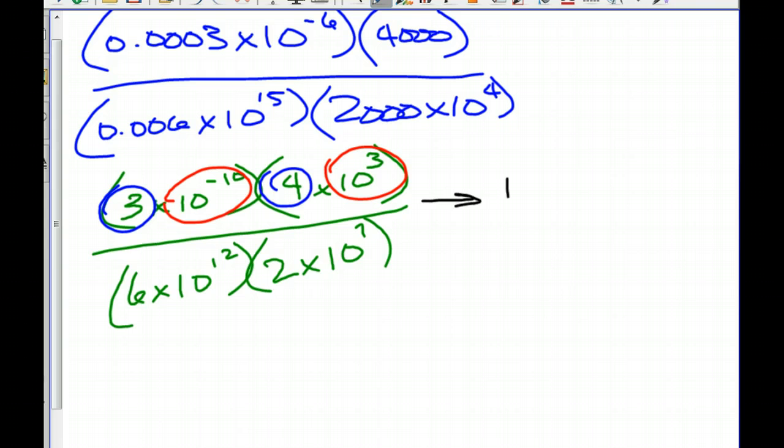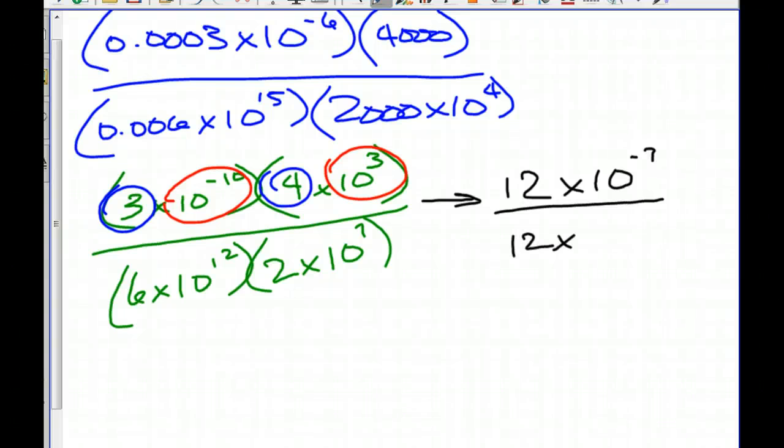So 3 times 4 is 12, times 10 to the -10 plus 3, because when you multiply numbers with exponents, you add the exponents, -7, over 6 times 2 is 12, times 10 to the 19. Okay. And then the next step is divide your numbers.